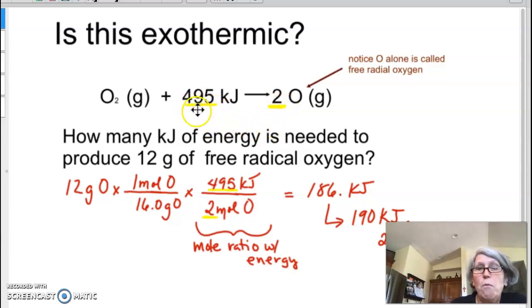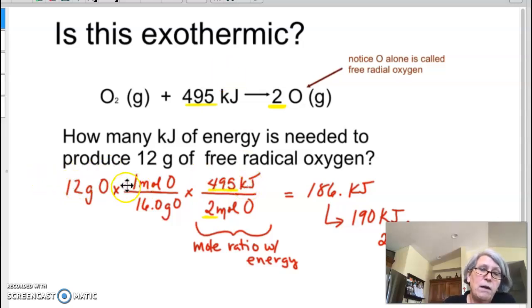So we can do a mole ratio between the 2 moles of free radical oxygen and the energy that is involved. You put 2 moles of oxygen on the bottom because you want moles of the free radical oxygen to cancel, and you put the 495 kilojoules on top.